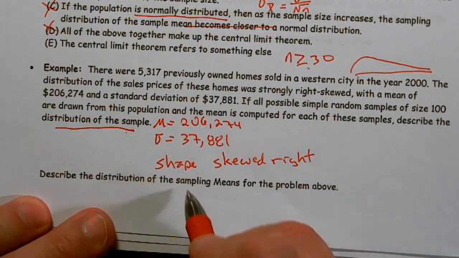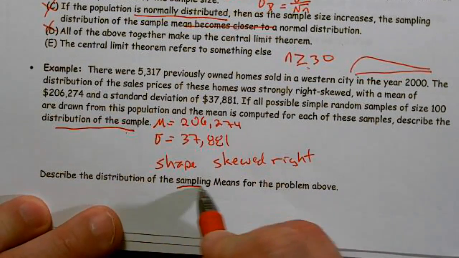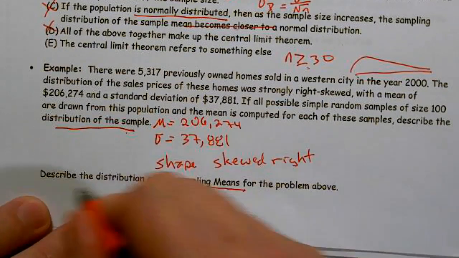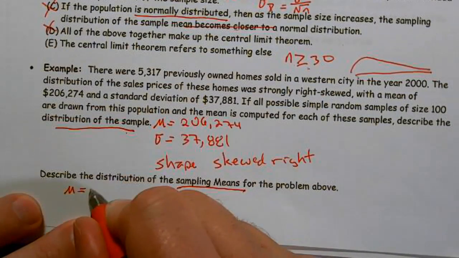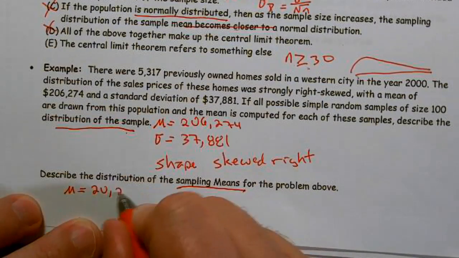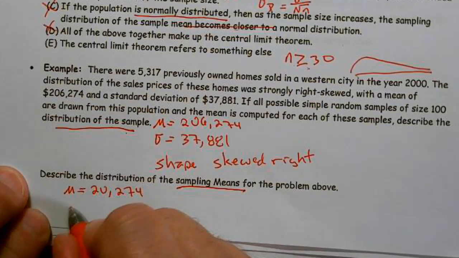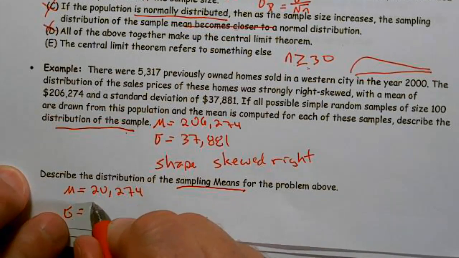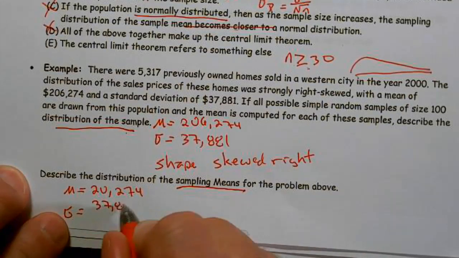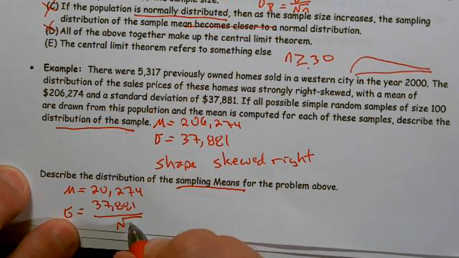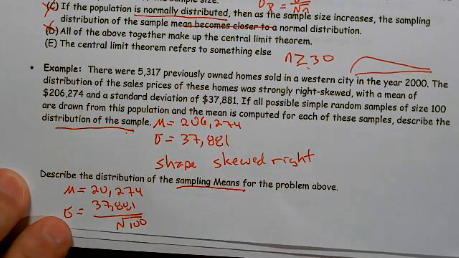Now it says describe the distribution of the sampling means. Well, once again, the mean is 206,274. Well, that was nice. The standard deviation is now going to be 37,881 divided by the square root of 100. All right, what's the big difference here?